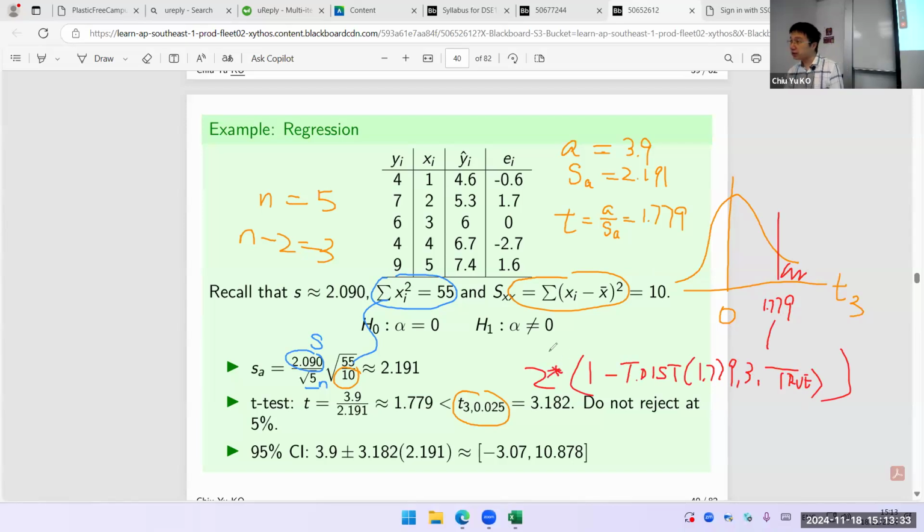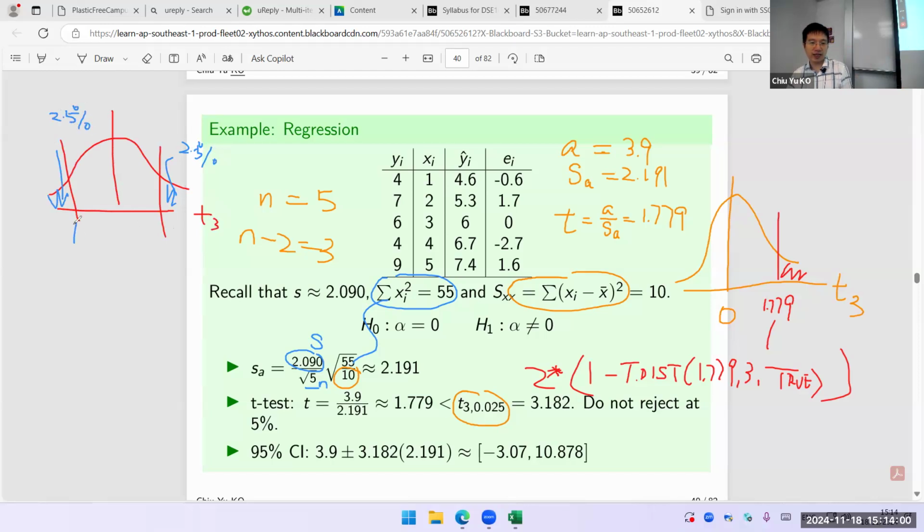Or if you want the critical value, it's 2.5% on both sides, so the areas add up to 5%. You can find this one or that one.